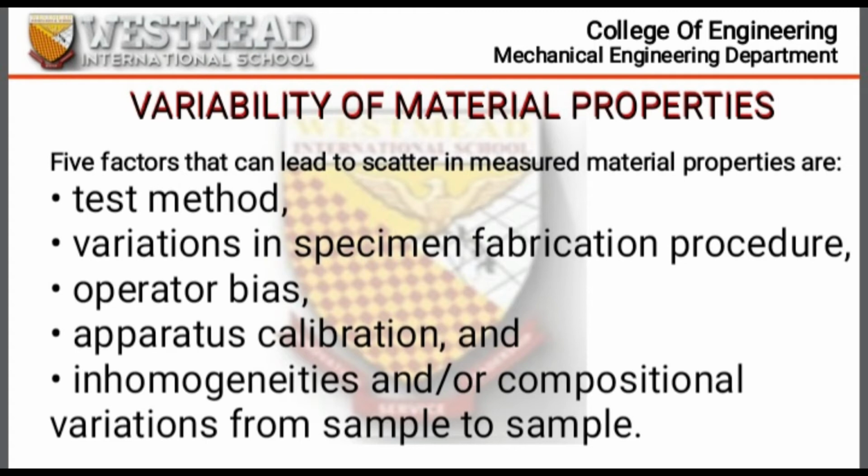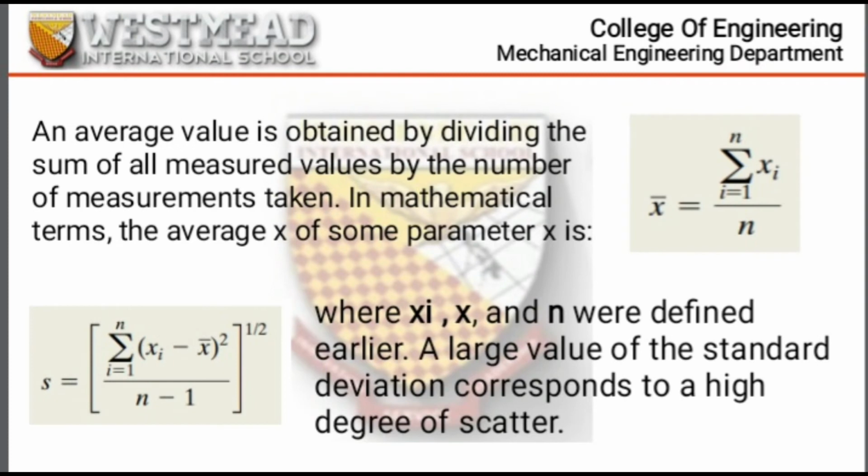Depende sa operator or depende sa gagawa ng test. Next is apparatus calibration and inhomogeneities and/or compositional variations from sample to sample. So, itong limang ito yung mga possible reasons kung bakit minsan hindi nagiging accurate ang variability ng materials.